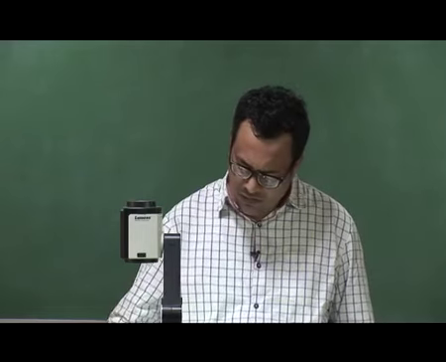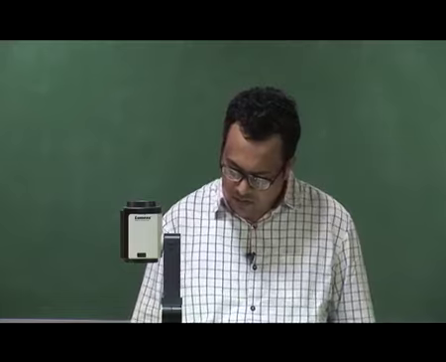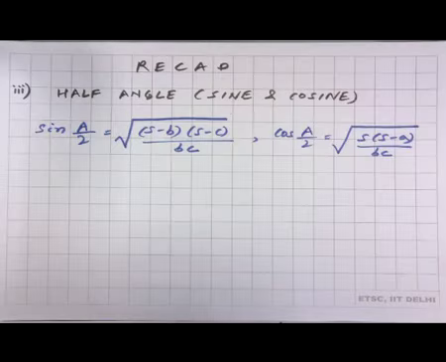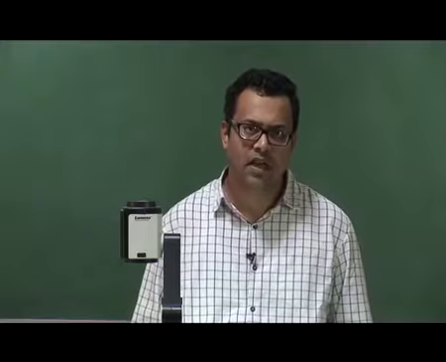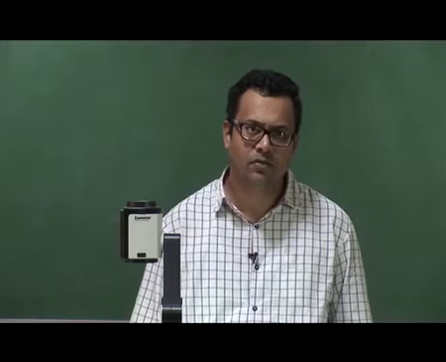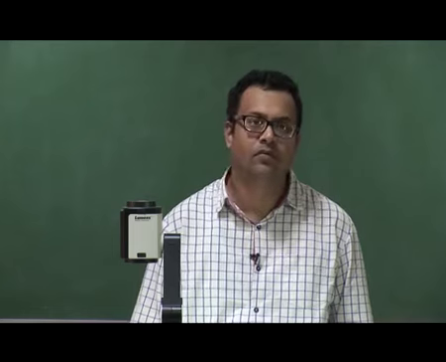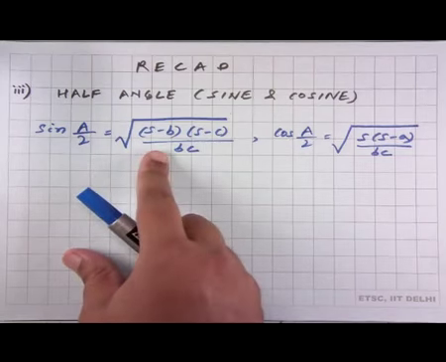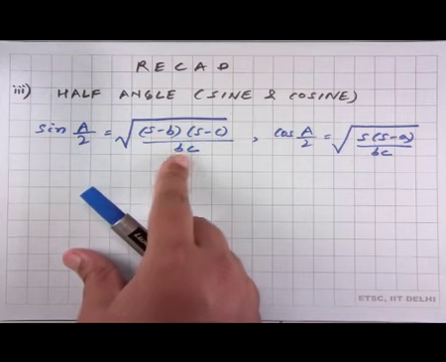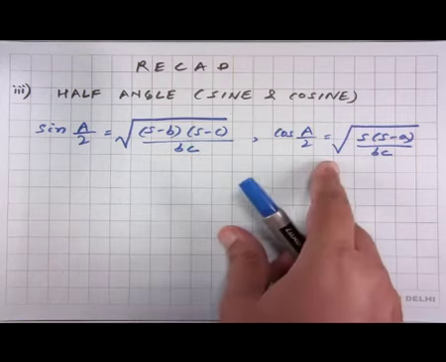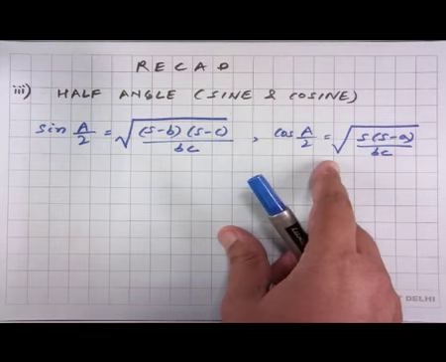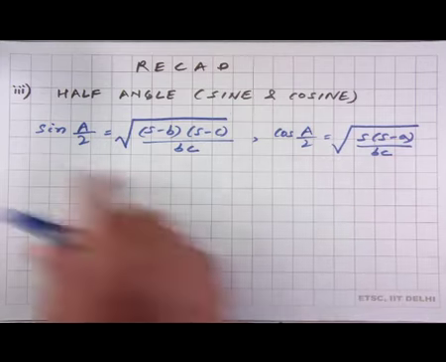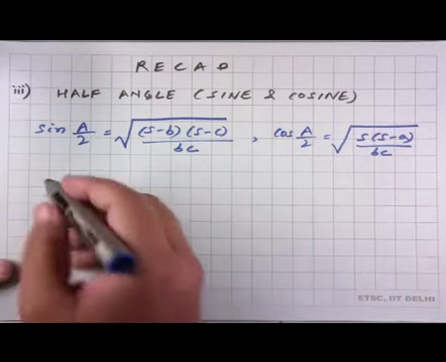We then also derived the formulas for the sine and cosine of the half angles of a triangle. So, for example, we derived this particular formula that sine A by 2 is square root of (S minus b) times (S minus c) over bc, and similar thing we did for cosine of A by 2, and of course, then the others can be similarly written.